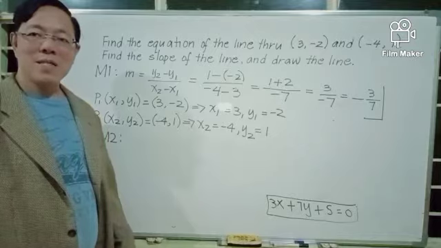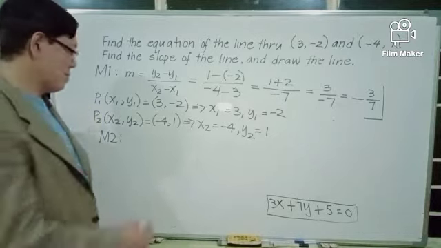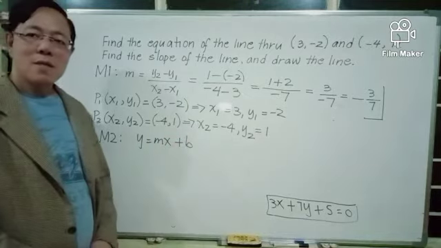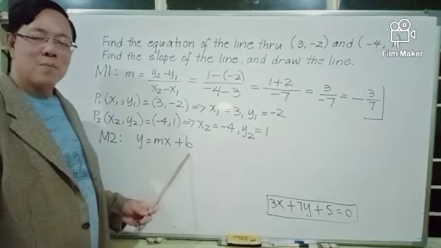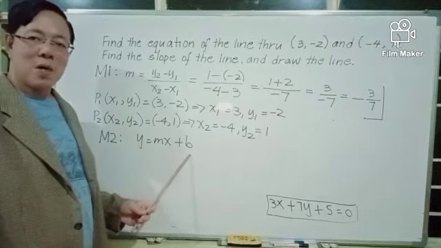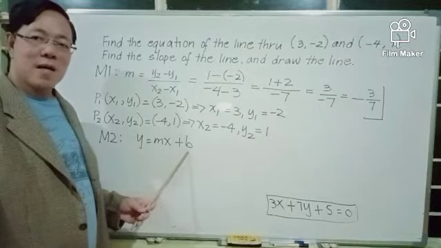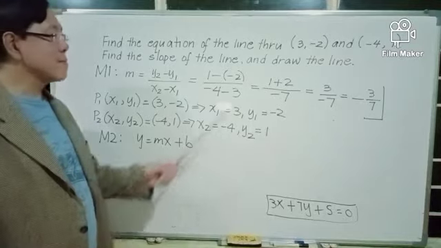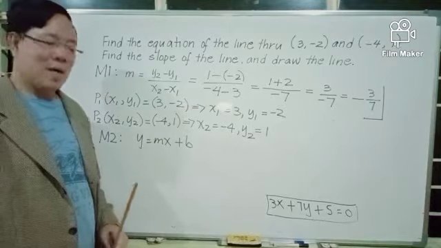And the slope-intercept form of equation of the line is given by the following. We have y equals mx plus b. This is what you call the slope-intercept form of the equation of a line, where b is the y-intercept, which is the point of intersection of the line and the vertical axis y.